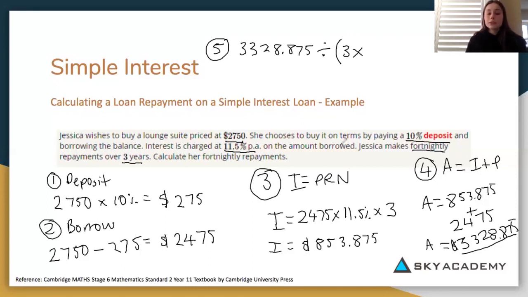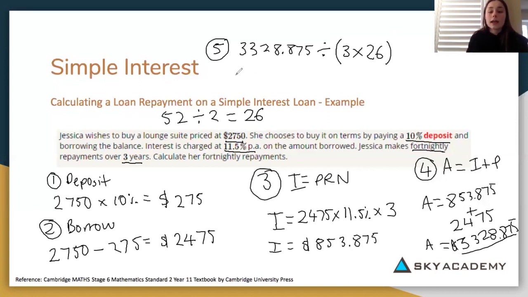And so if there's 52 weeks in a year, we can divide that by 2 weeks to figure out how many fortnights are in a year, and it comes to 26. So if we do 3 times 26, it will give us how many repayments she'll have to pay over 3 years. So 26 for 1 year, or 3 times 26 for 3 years.